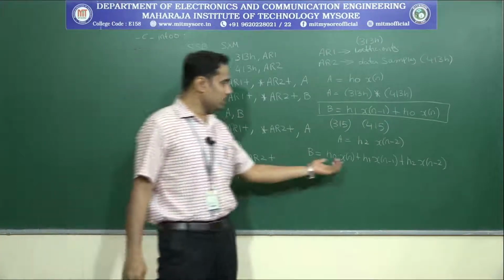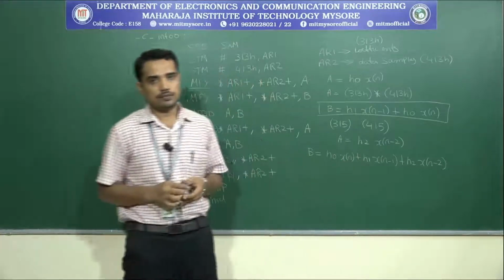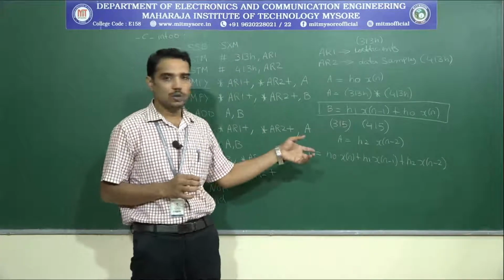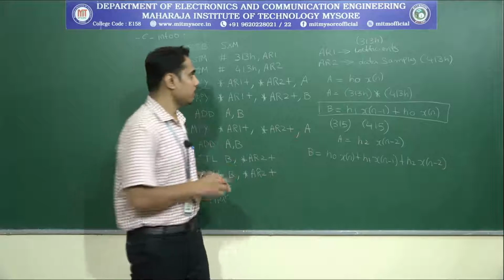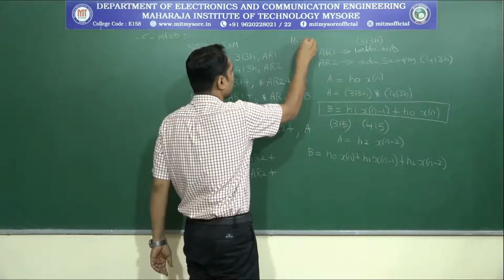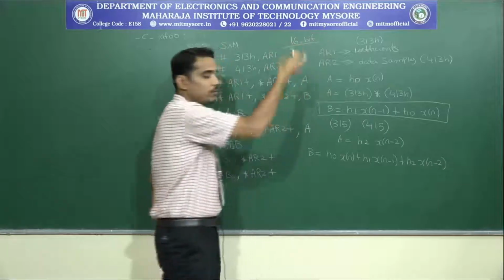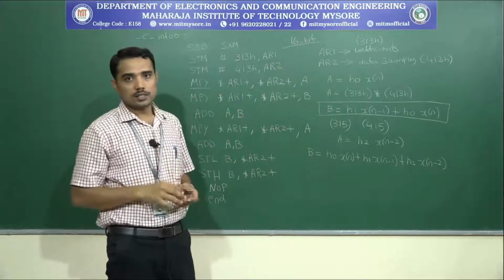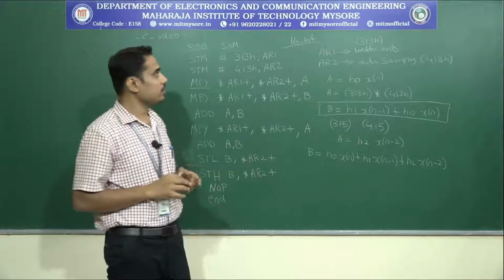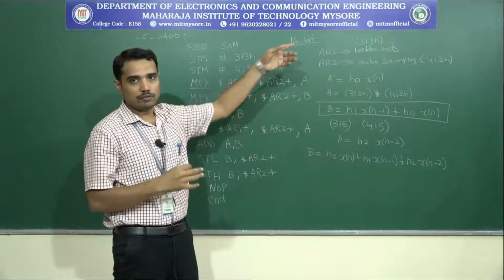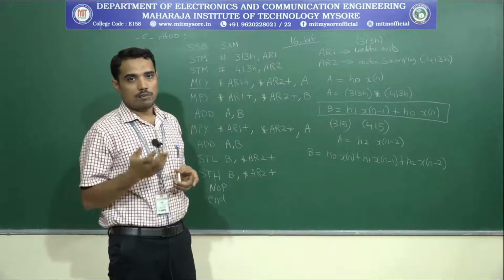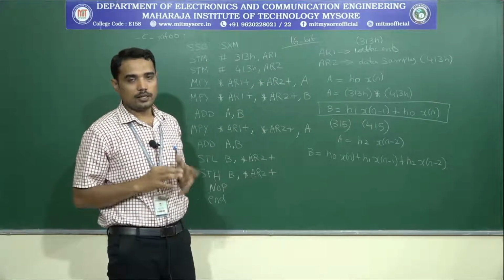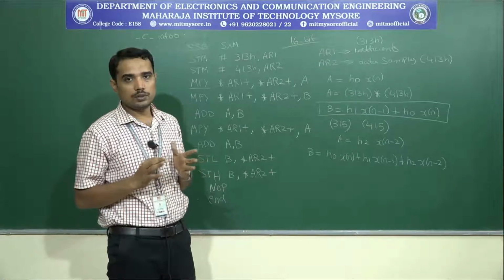Next, we know that this value will be large enough. That means that value will not be incorporated with respect to 16-bit width. It will be more than 16-bit. Keeping that in mind, the sum of the product is above 16-bit and it may be in between 16 to 32-bit.